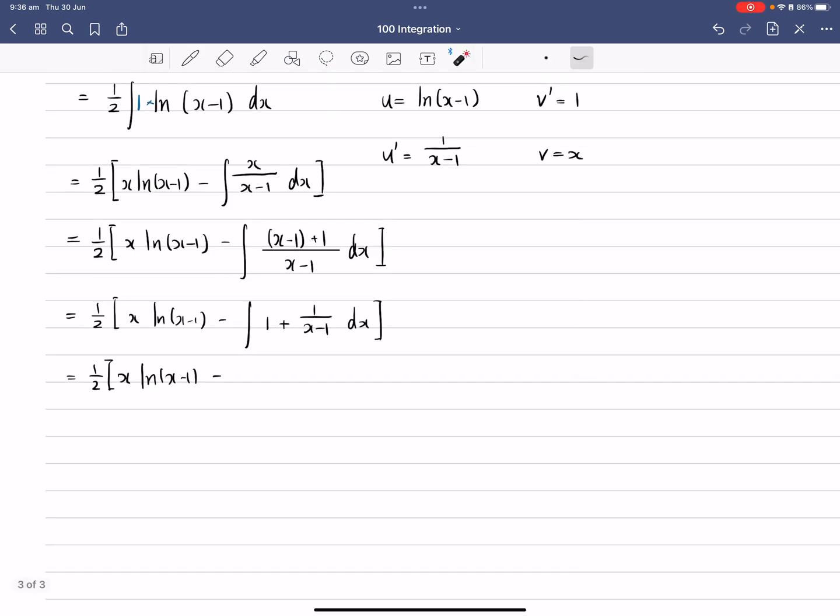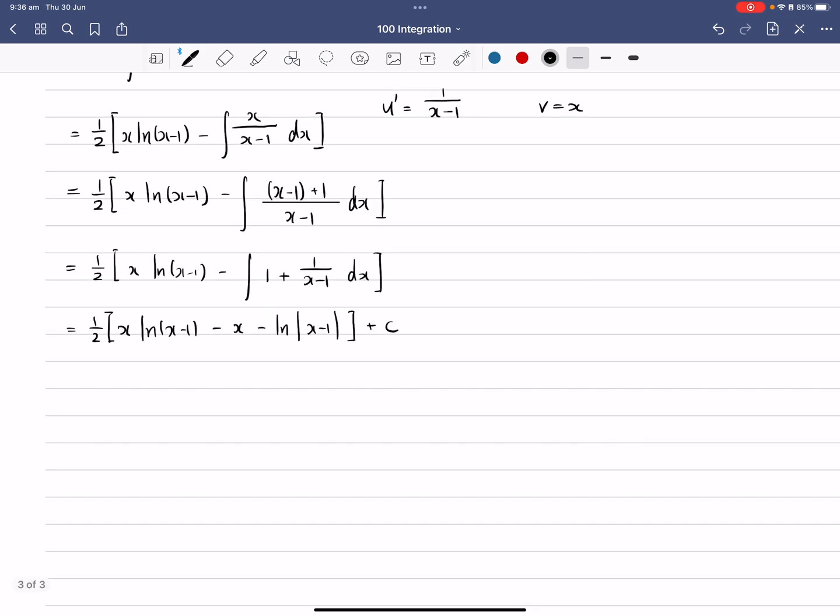All right, so now what we need to do is just integrate term by term. That's very easy. So that gives us minus x minus ln absolute value x minus 1 and square bracket plus c.